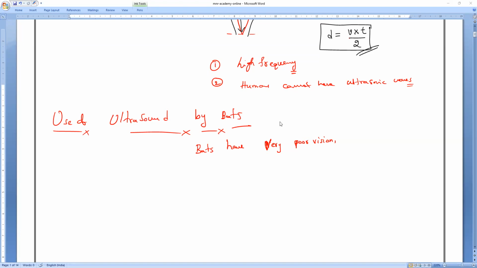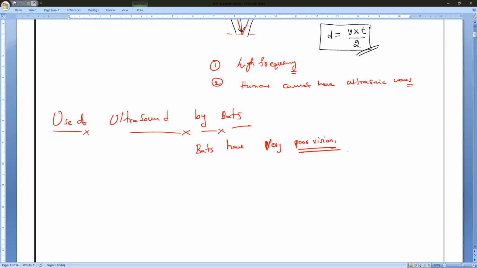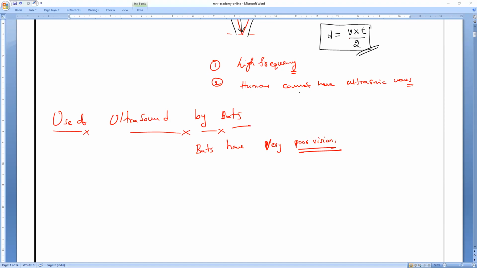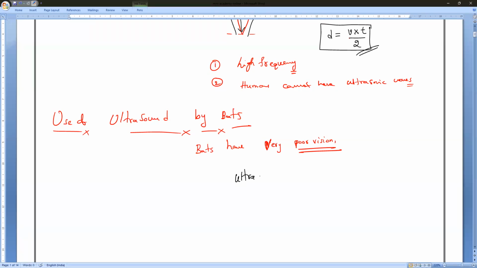Imagine closing your eyes for 1 minute; you will definitely hit somewhere. But in spite of their very poor vision, bats can go at full speed, like 100 kilometers per hour, without hitting any obstacle. And this is done by the bats using only what waves? Everybody, the ultrasonic waves.